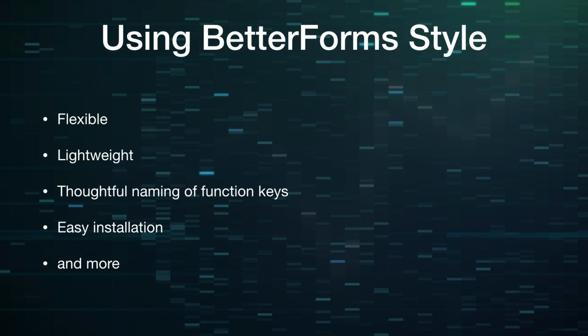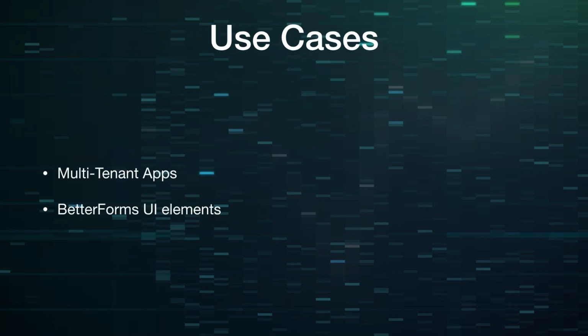Yeah. And so that gets a little bit to the use cases that we might have. Multi-tenant applications, like Charles's front-end app of BetterForms, are a perfect example. We talk about it a lot. We talked about it just now with the organizations and various users.